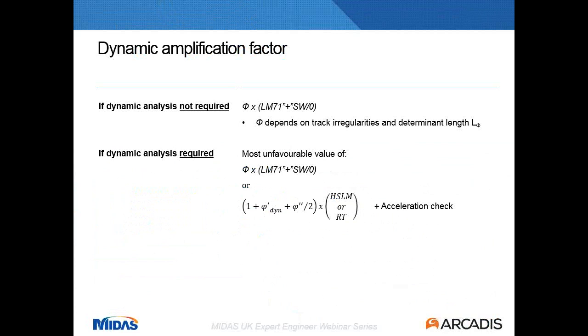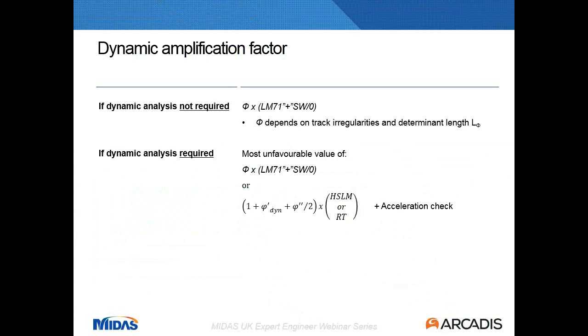If it's not required, you can go with the classical approach. You check your structure with static moving loads, with load model 71, model SW0. If appropriate, you can use SW2. And then the results from this static analysis you multiply by the dynamic amplification factor.